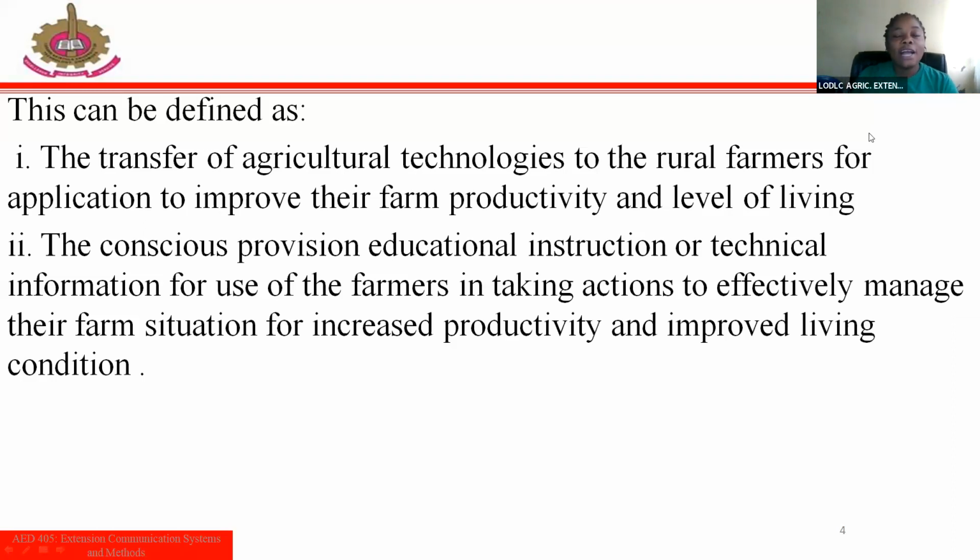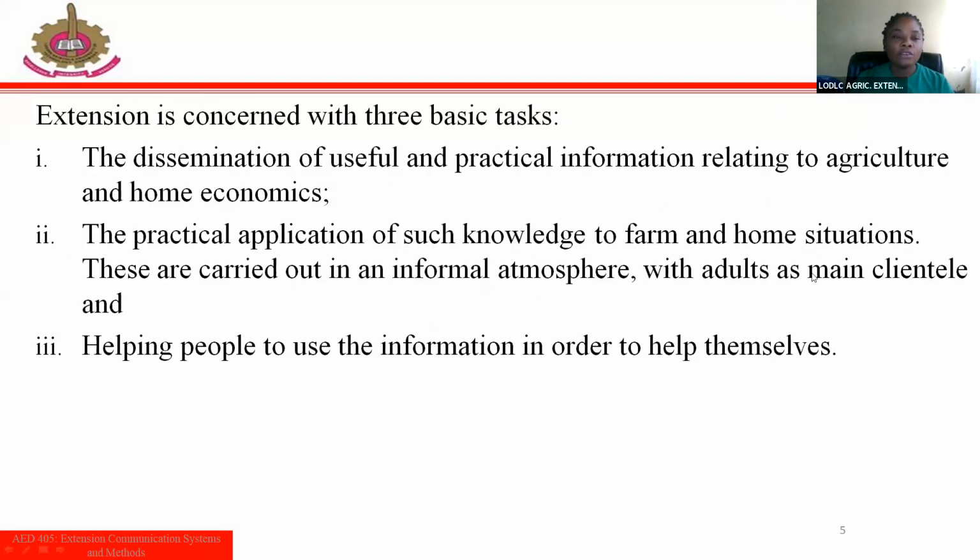If I'm you, I'll prefer the first two definitions that were given, and the other one, which is the transfer of agricultural technologies to farmers for application in improving their farming activity, productivity, and standard of living. So you have had like 4 definitions of what agricultural extension is.